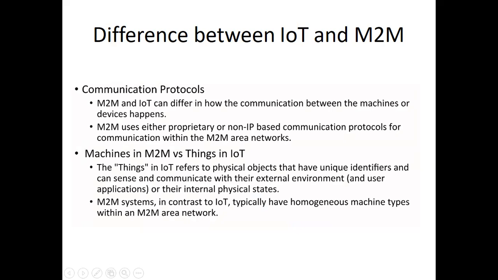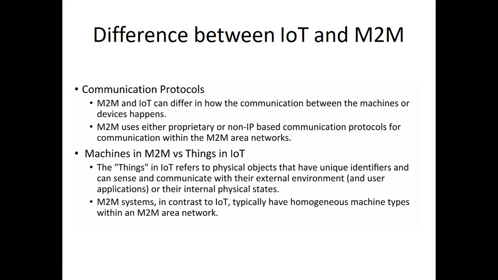Now, in earlier videos, we have discussed a lot of characteristics of IoT systems and IoT based communication. And just now we have seen M2M communication. Now, what is the difference between M2M and IoT based communication? So, the first difference is in the communication protocol.